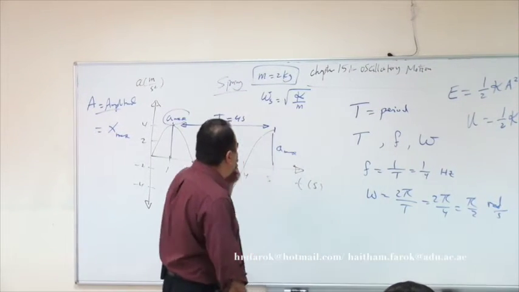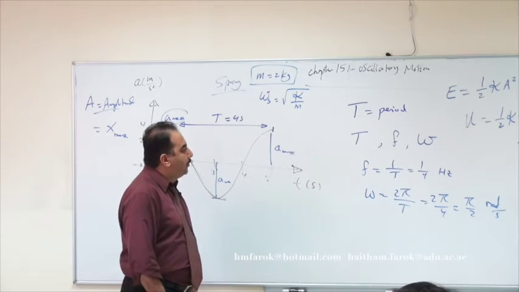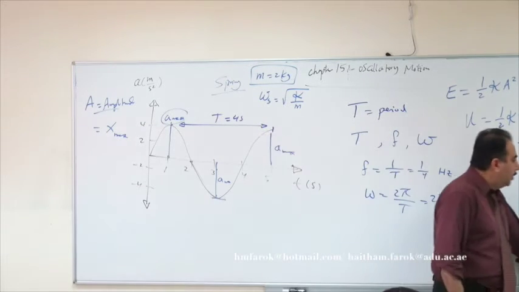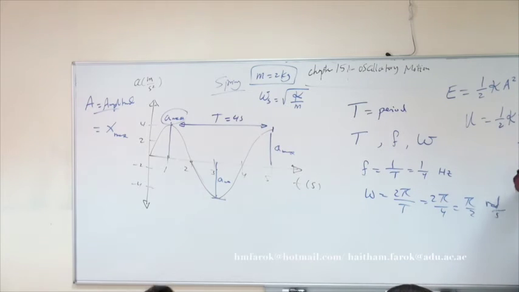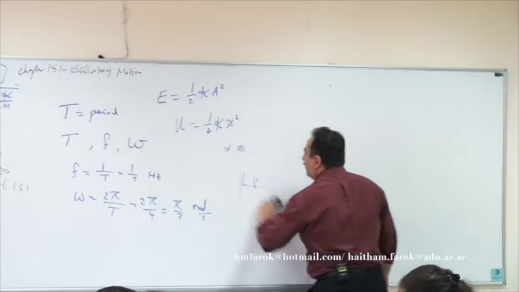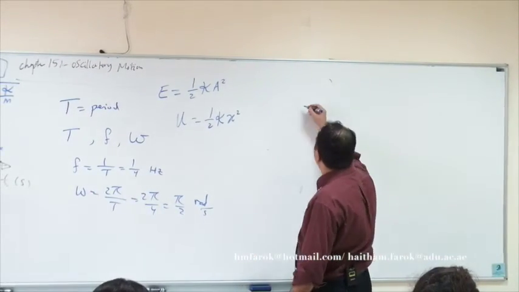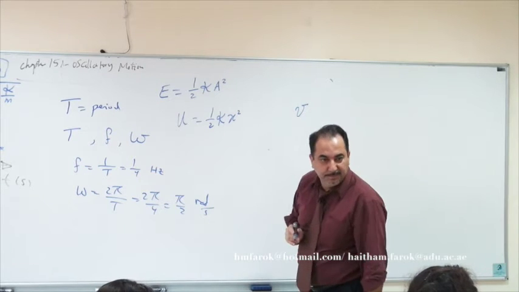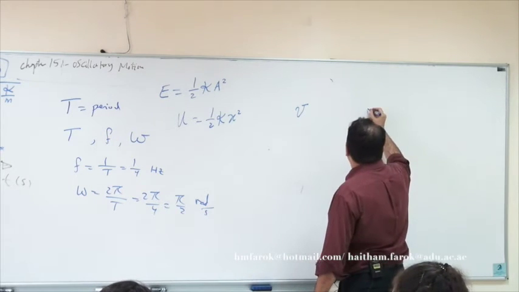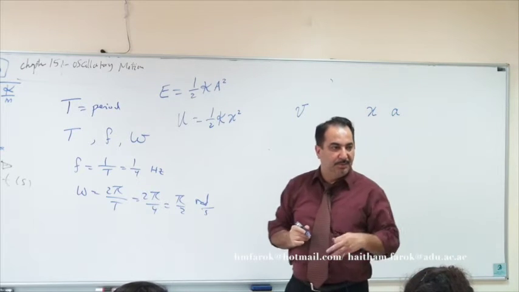Now, let's talk about the 3 things which we have graphically. We have velocity, position, and acceleration. Yeah? 3 things.